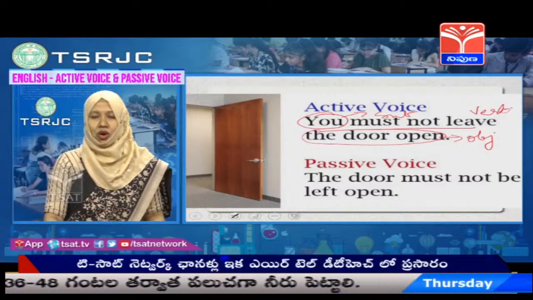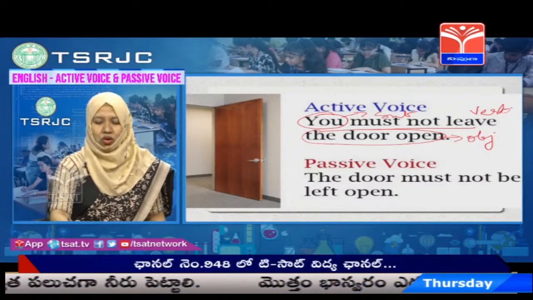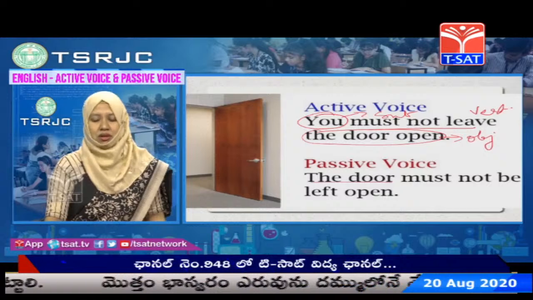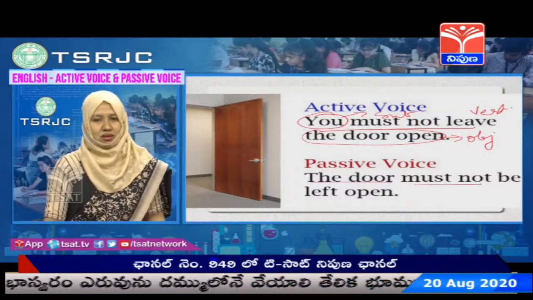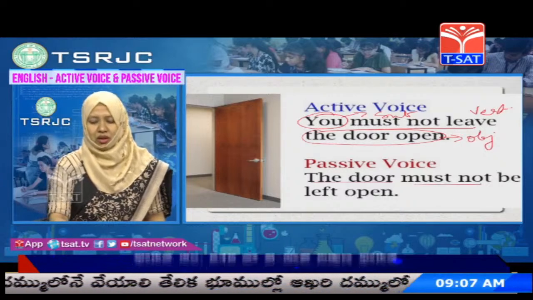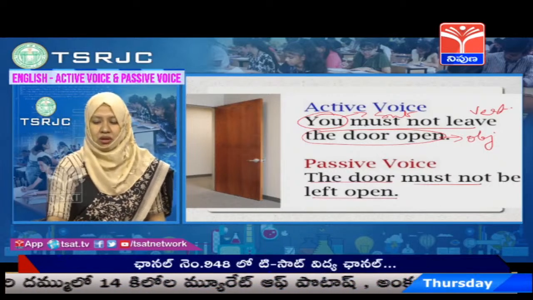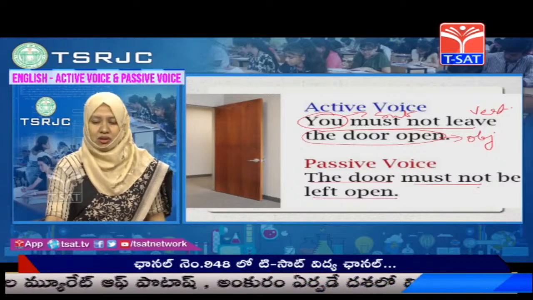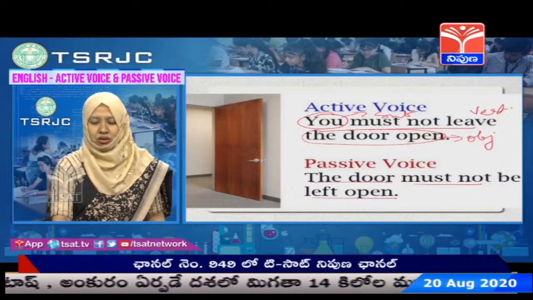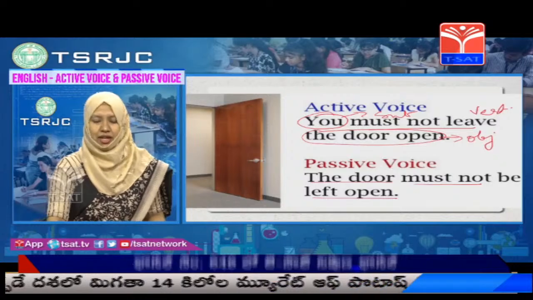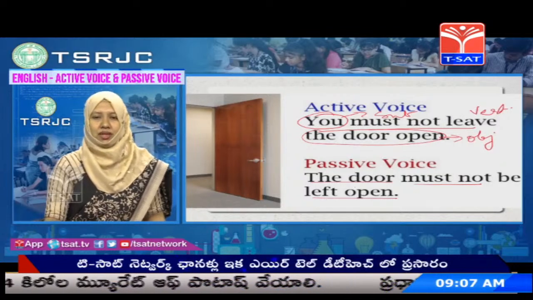The door must not be left open. The door becomes the subject, must not be is the verb, leave is changed into past participle form, left, and open is the remaining part.